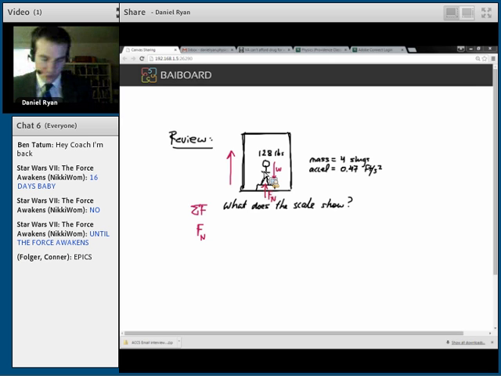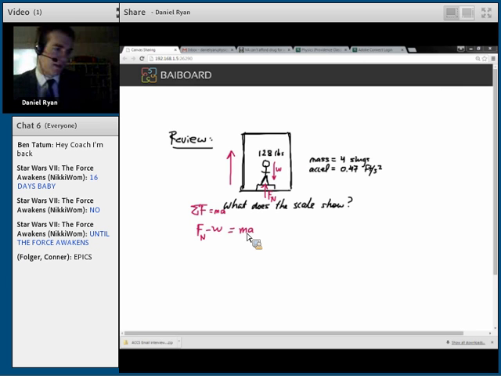So we'll have the normal force minus the weight will be equal to mass times acceleration. Of course, when the acceleration is 0, this person will be in equilibrium, and this side of the equation will be 0. But right now, that's not the case.